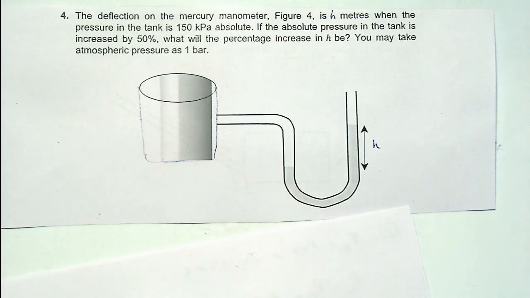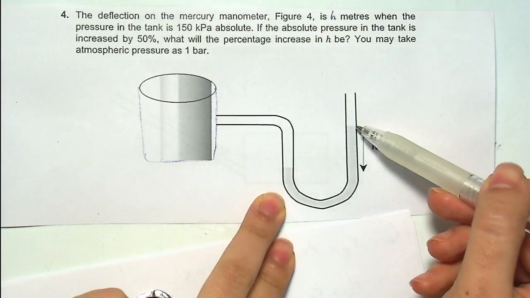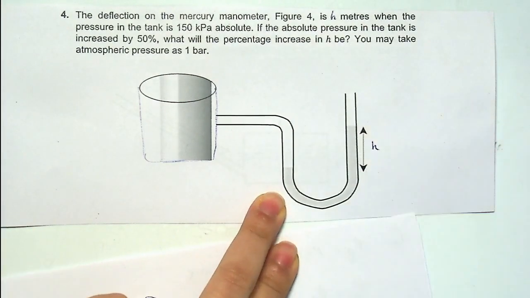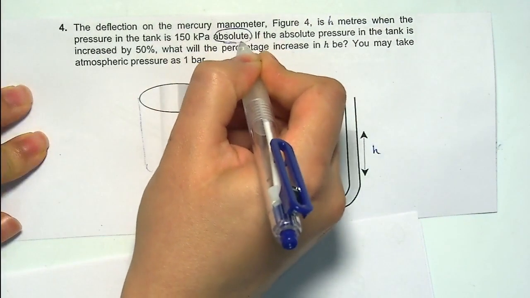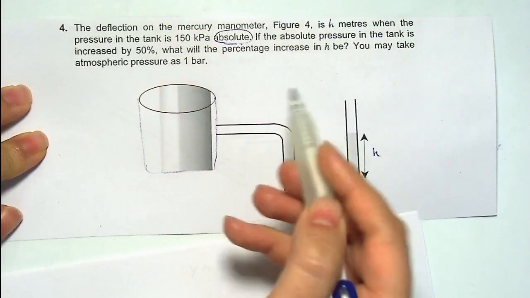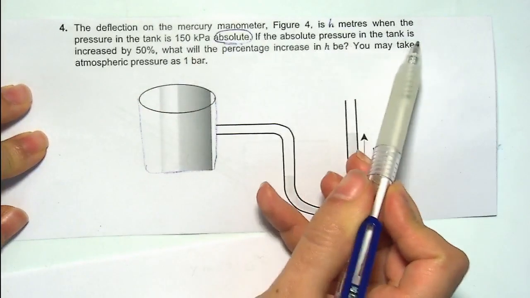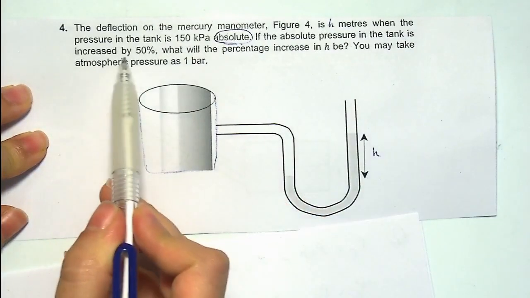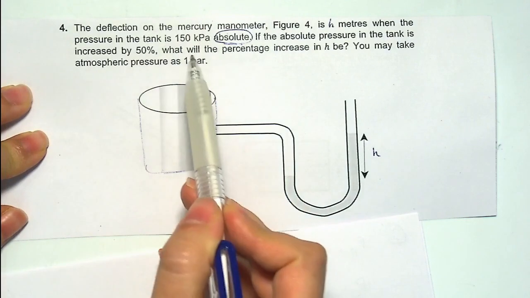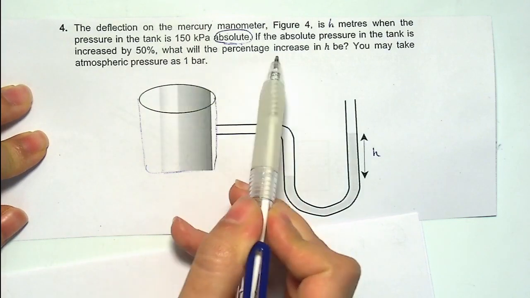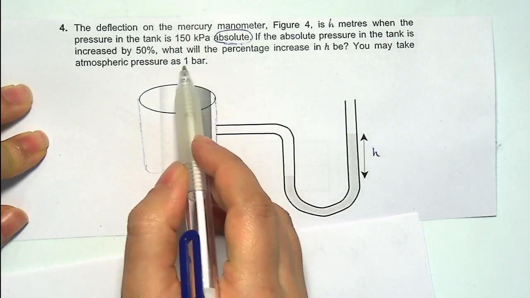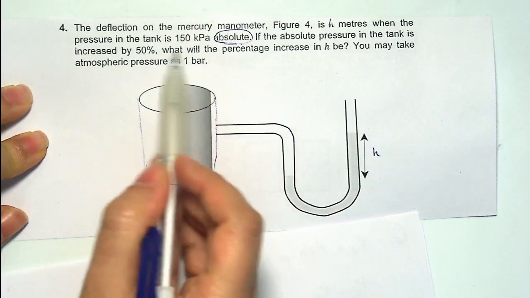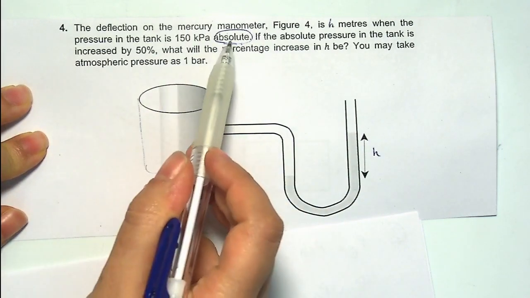H is the height when the pressure inside the tank is 150 kilopascal absolute. This is very important. The pressure is given to us in absolute form. If the absolute pressure in the tank is increased by 50%, what will be the percentage increase in H? The atmospheric pressure is 1 bar, and it is given because we have the absolute pressure.